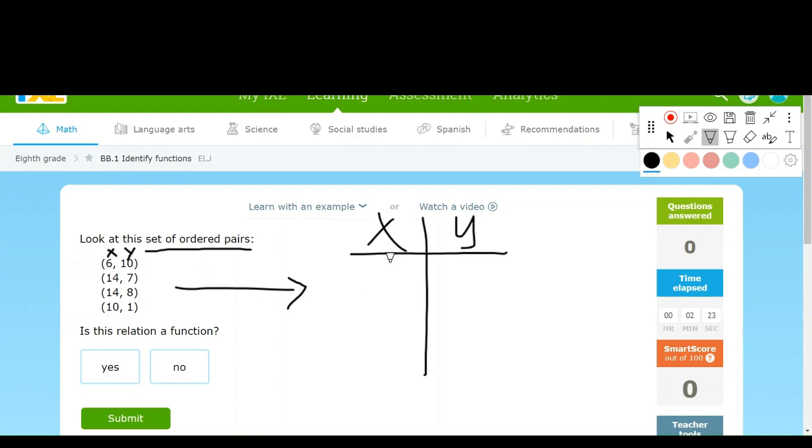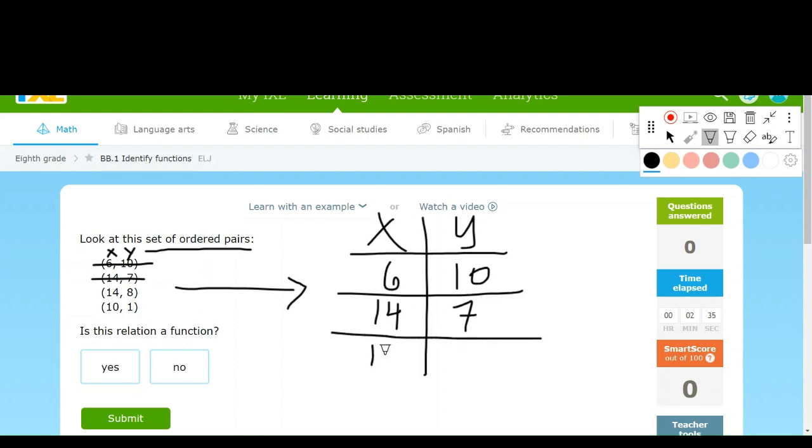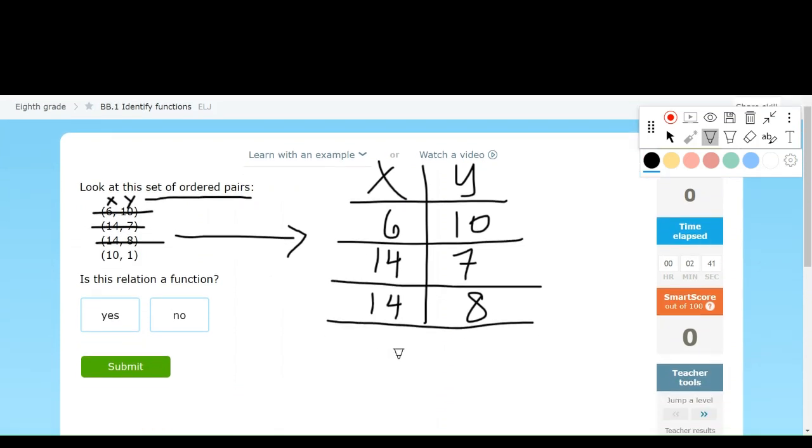And I can just copy it down. 6, 10, 14, 7, 14, 8, 10, 1.